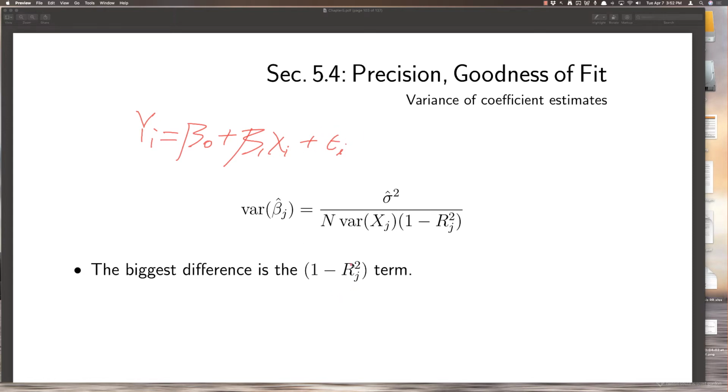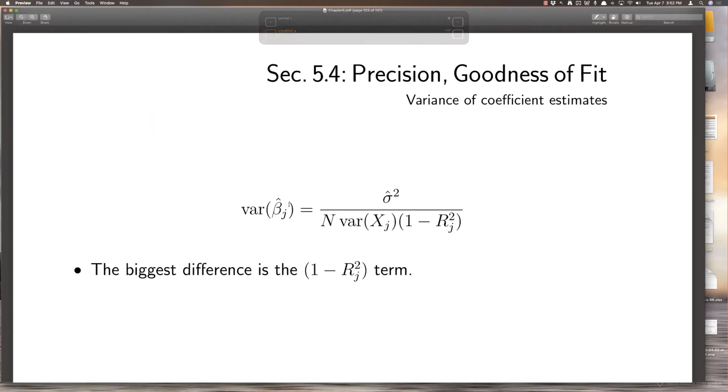And what is this r squared? Well, this is like that, but it's the r squared from an auxiliary regression, right? Remember, the auxiliary regression is a tool we use to look at the relationship between two variables, but we're not necessarily looking for the effect of a 1 unit increase in x on y, but we can still use a regression to look at other things.